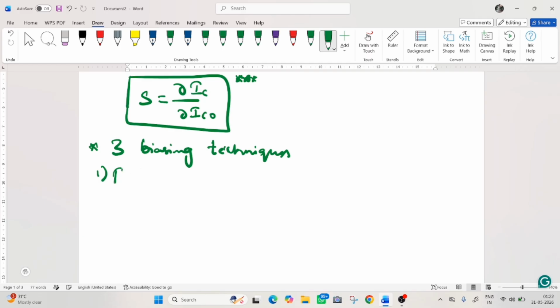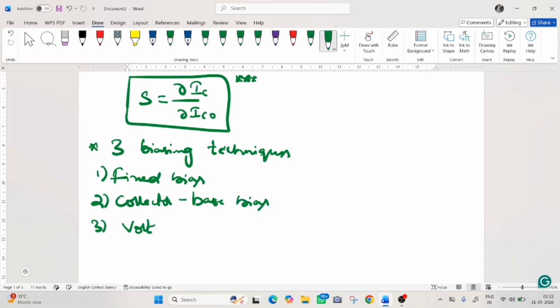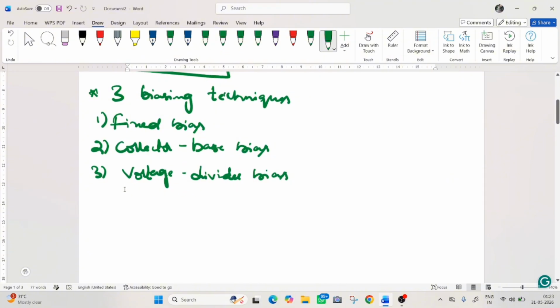The first one is fixed bias, the second one is collector to base bias, and the third one is voltage divider bias, which is very important. These three are the most commonly used biasing techniques, and this is a part of our syllabus.